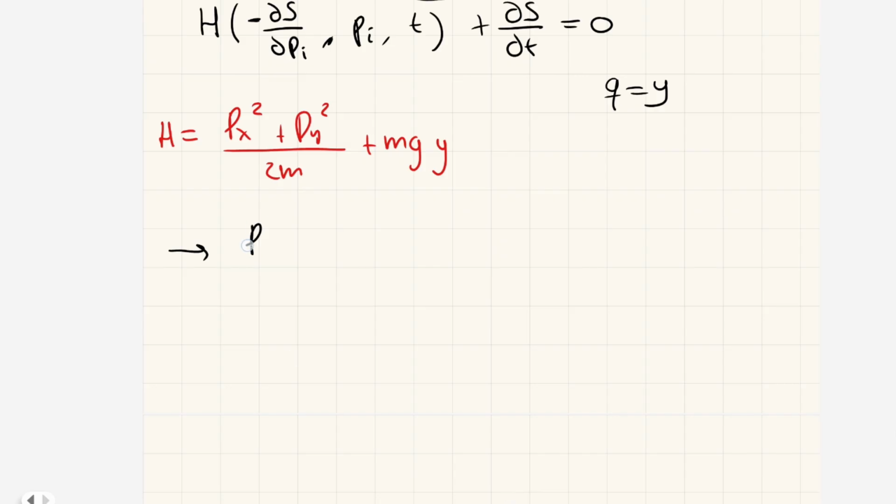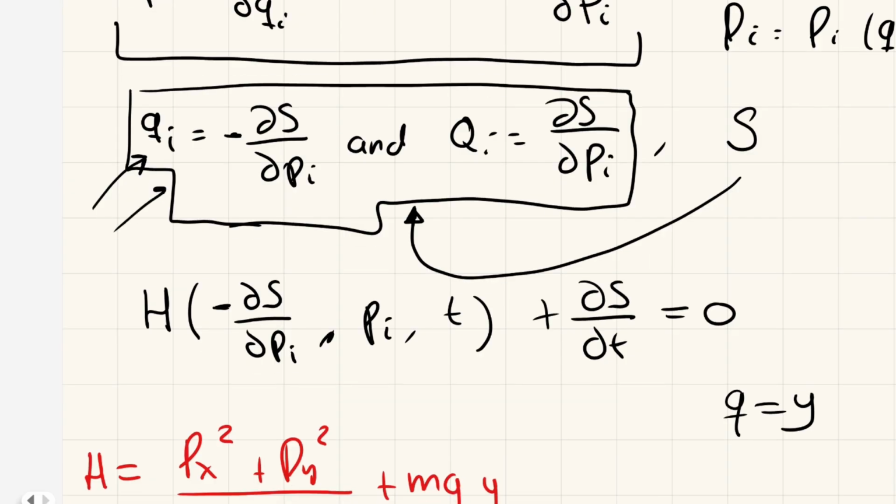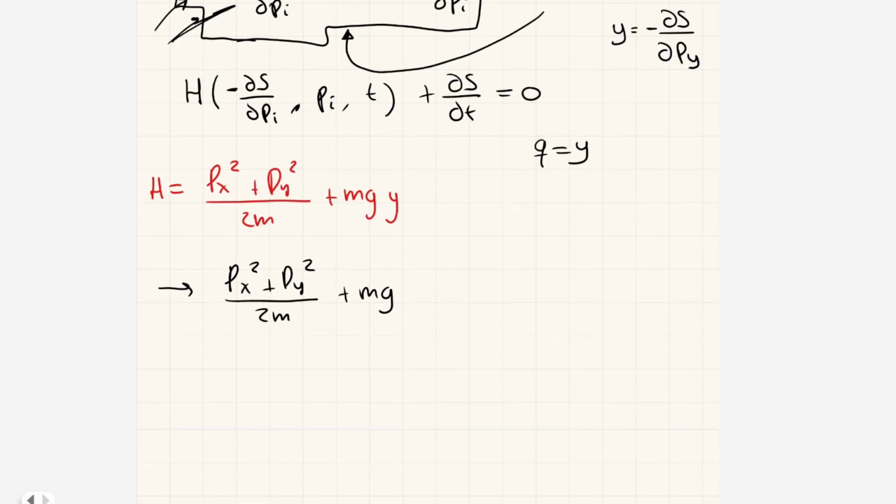It will be px squared plus py squared divided by 2m plus mgy. But according to these differential equations, we know that y should be equal to negative the partial of S with respect to Py. So that means that here we need to write minus the partial of S with respect to Py here, and then plus the partial of S with respect to time equals 0.